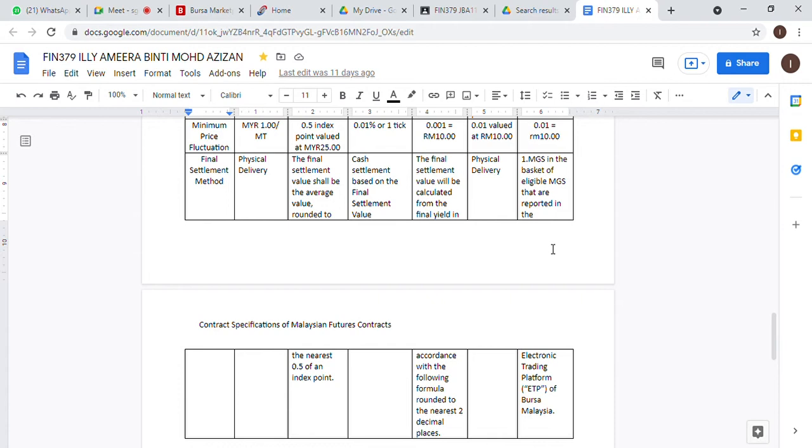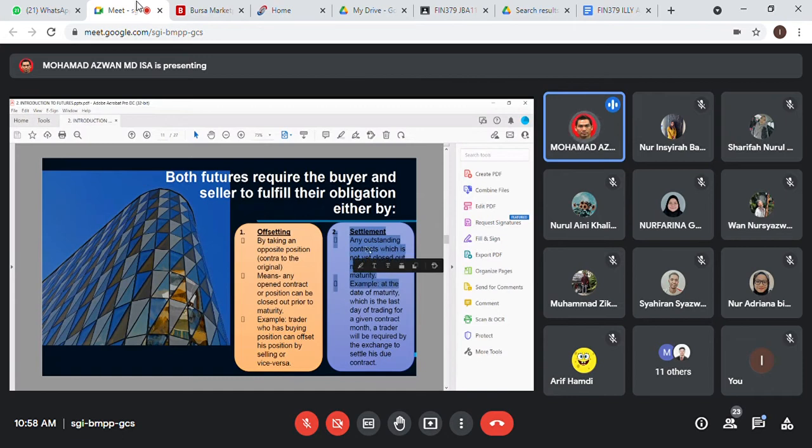Okay, physical delivery for commodity futures. Commodity futures macam FCPO where you have to deliver the commodity physically. Okay, where the buyer and the seller will have to transfer the CPO and the cash money.